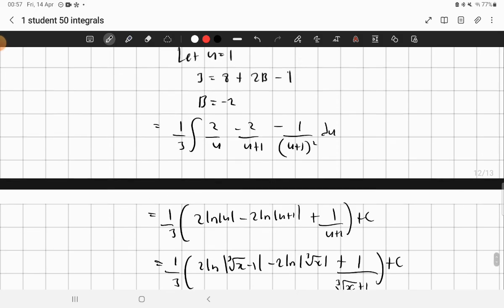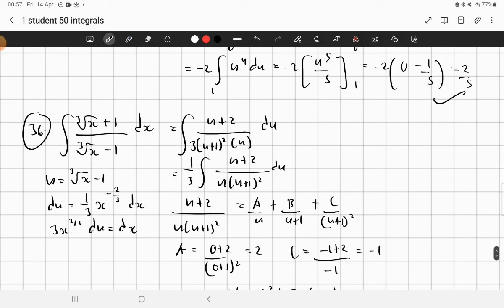Wait, I think, okay, let me check back. So I take the first derivative. 1 over 3 minus 1, negative 2 over 3. So multiply both sides. I know that when I square both sides, it will be u plus 1 squared, u times u plus 2.